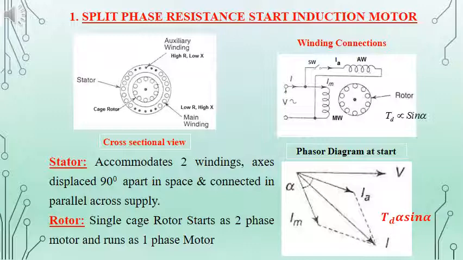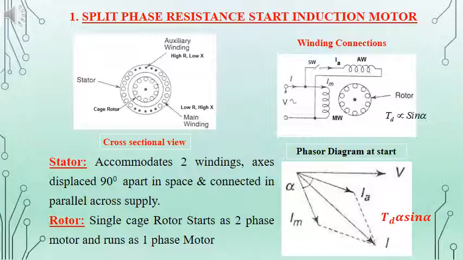The first one is the split-phase resistance start induction motor, and the cross-sectional view of the machine is shown in the figure, along with the winding connections. We can see there are two windings on the stator side, the main winding and the auxiliary winding.